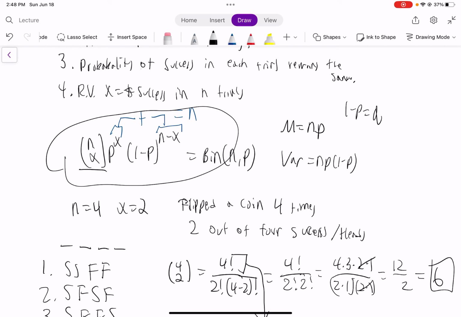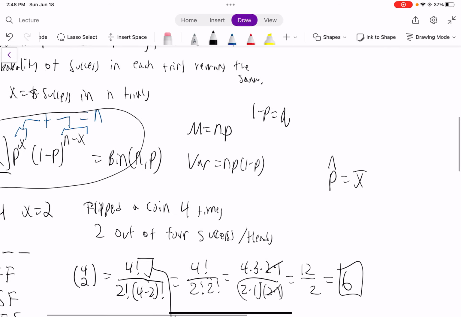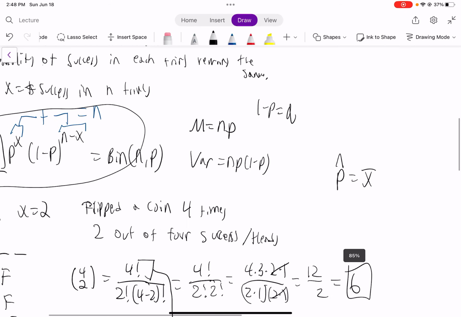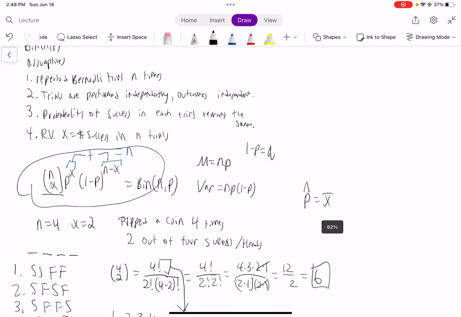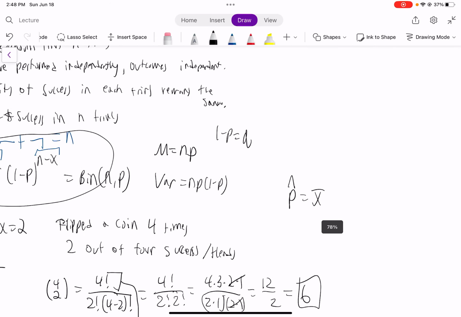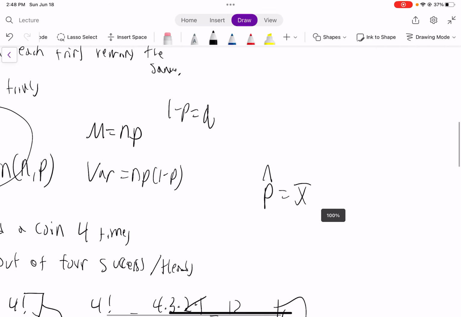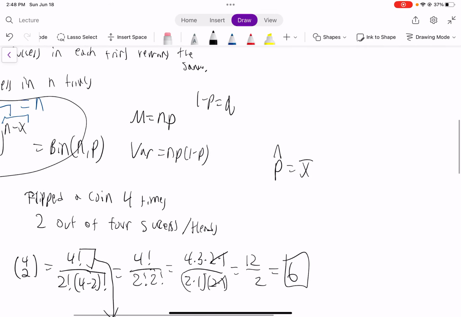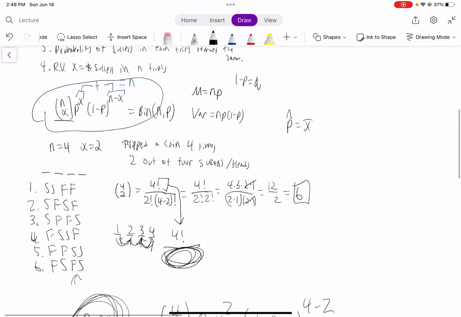We try to estimate p, and it turns out one of the best estimates for p hat is x bar, which is the average of the x's. And now it gets kind of confusing, but it's just the way it is. So that's just some statistics for you.